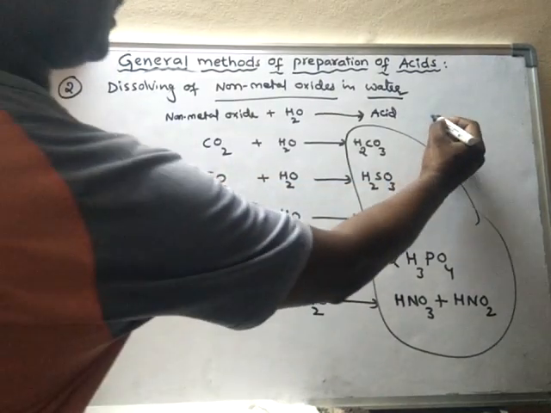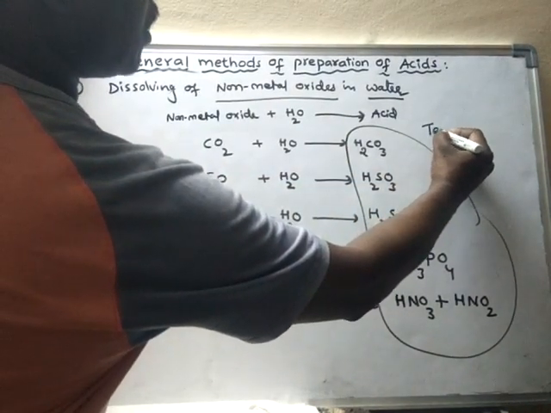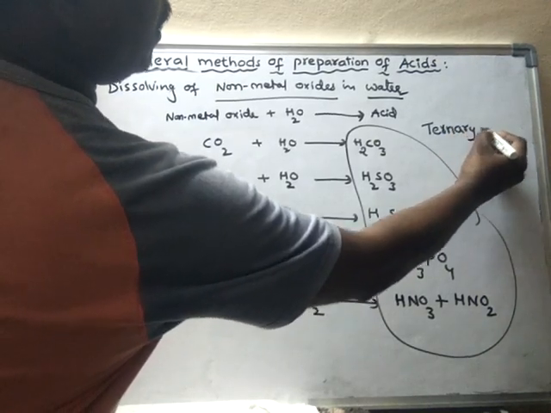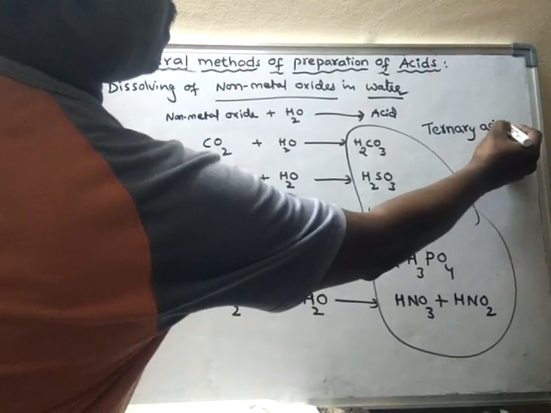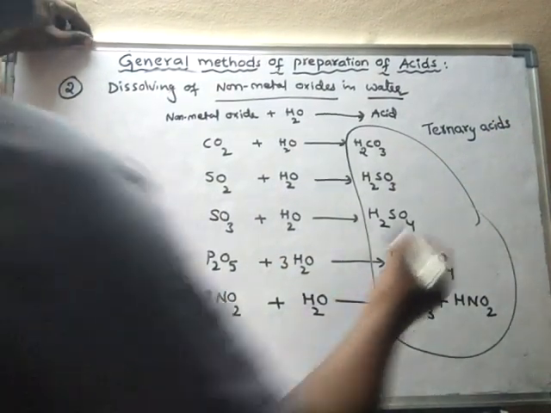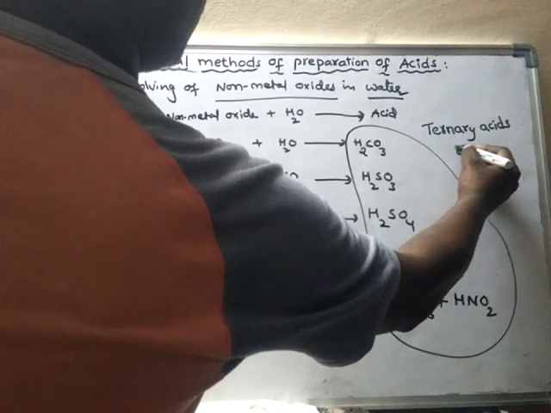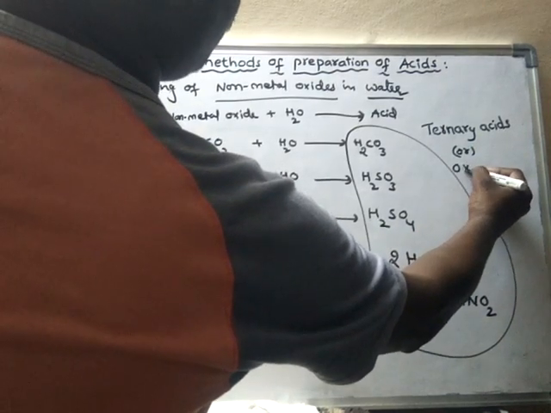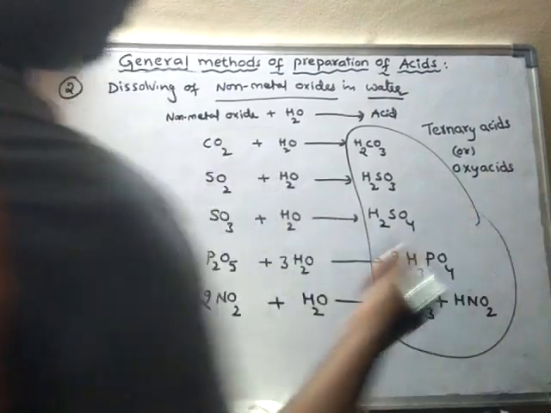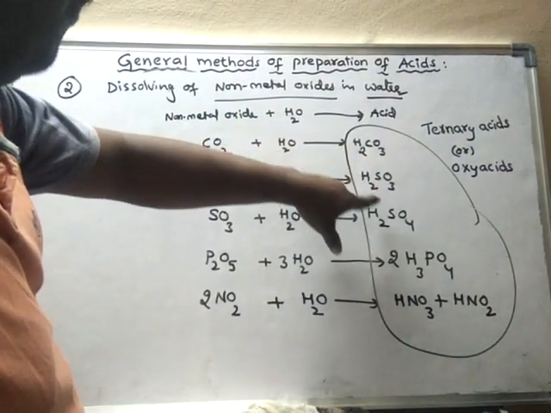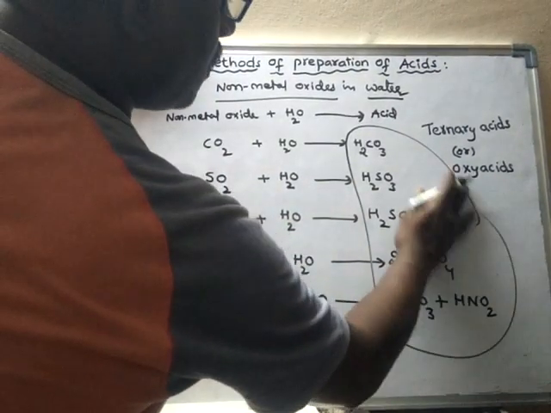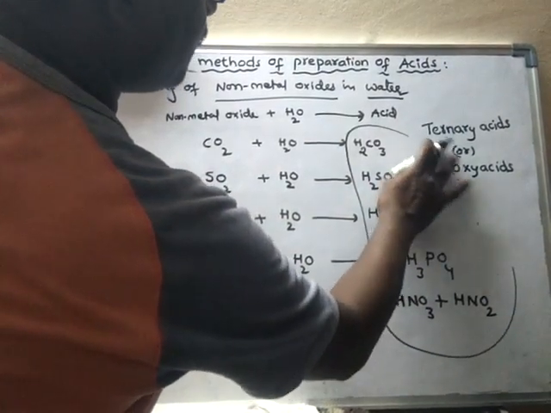Hence they are called ternary acids, or simply oxyacids, because all of them contain three elements. What are the three elements present in them?